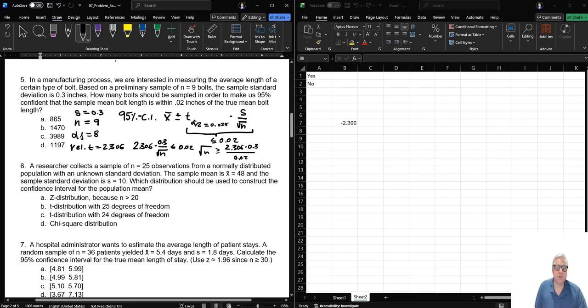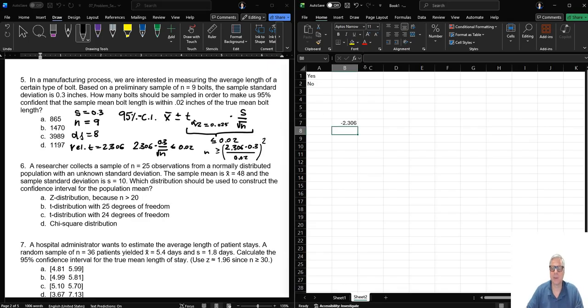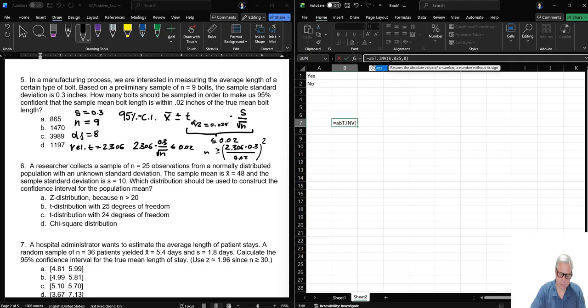But then I need to square it, so I need to get rid of the square root, so I delete this again, but then I need to square this term. Okay, so we can actually do that quickly in Excel. So I first take the absolute value around the negative 2.306.